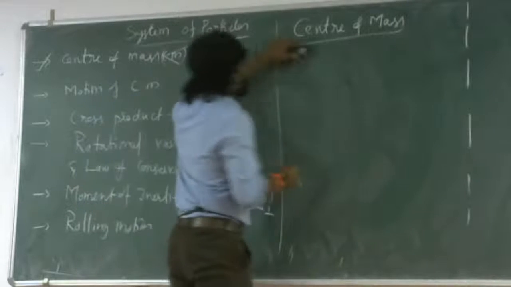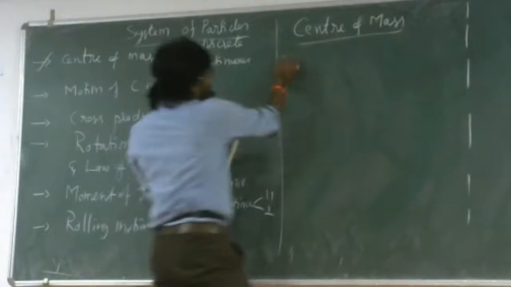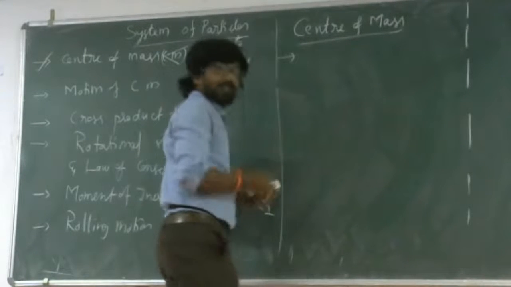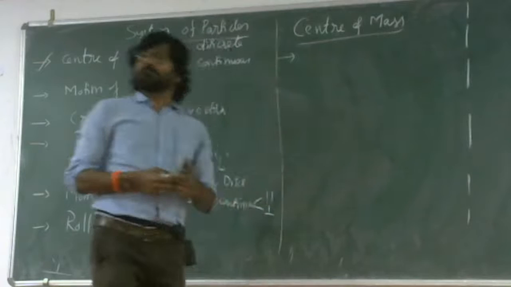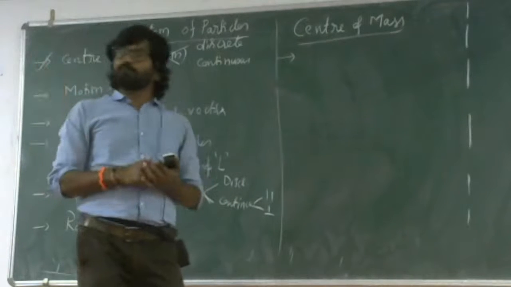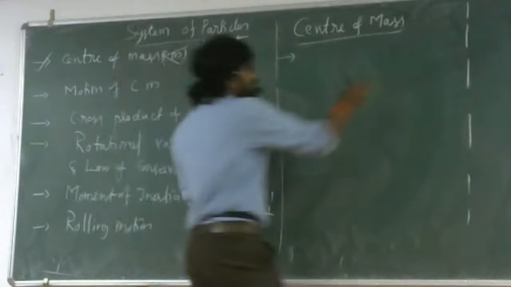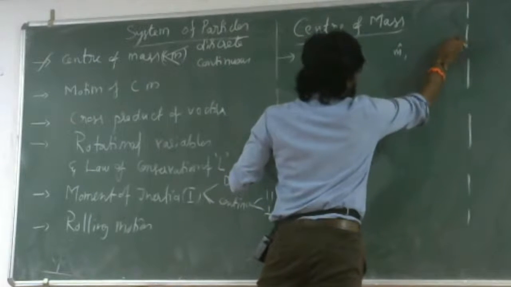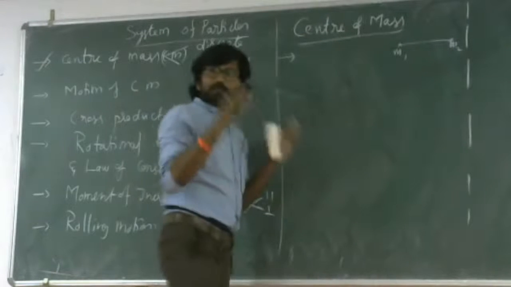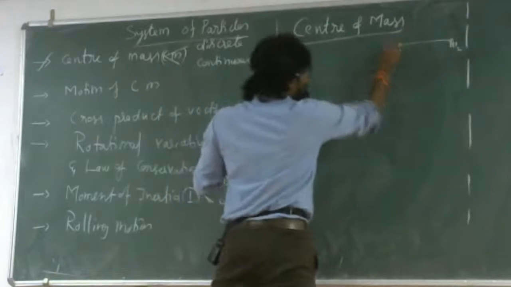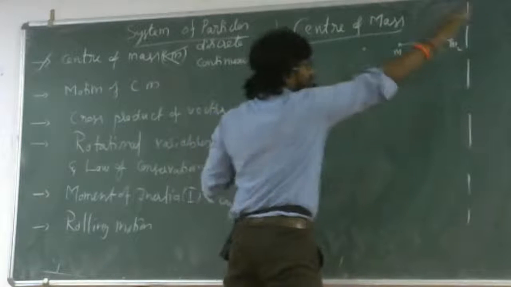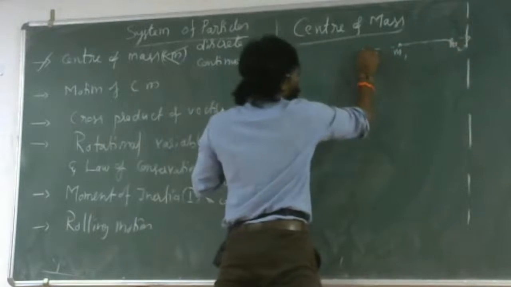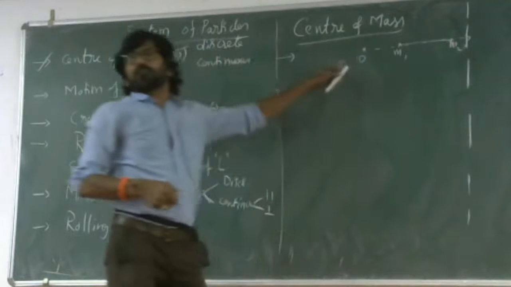Let us see briefly how to find the center of mass of discrete particles. Say, for example, if you have a two-particle system, two discrete particles M1 and M2, which are separated by some distance, lying on the x-axis, and this is a reference point or origin.